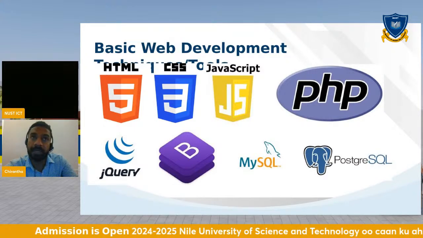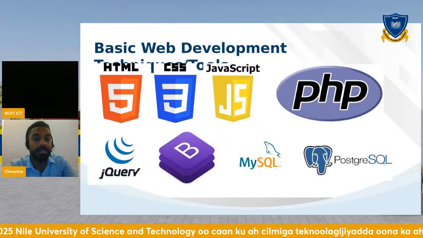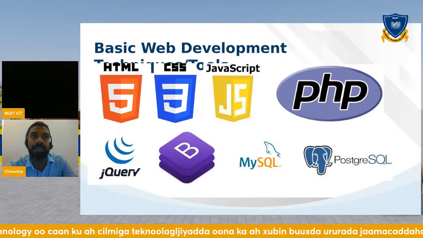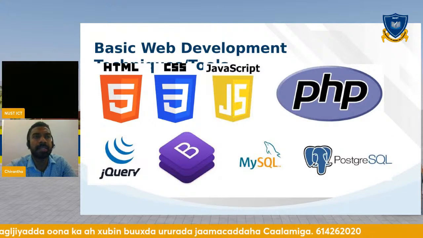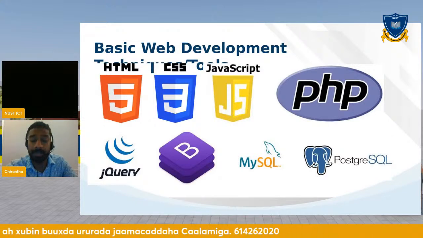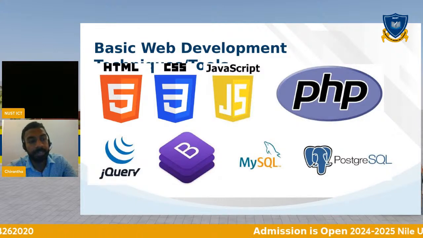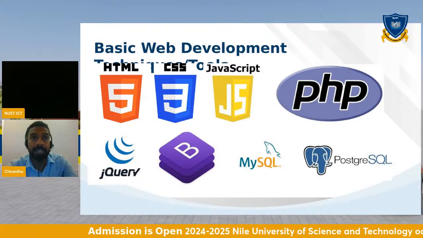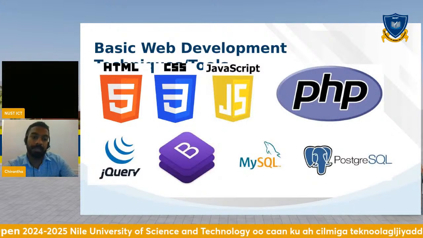Then we can use Bootstrap, a framework for web development that provides advanced features for the web. I will introduce what I mean by framework in the next slide, because there we are going to discuss frameworks and other technologies. Simply, frameworks support developers by making things easier. It is not necessary to start from scratch.